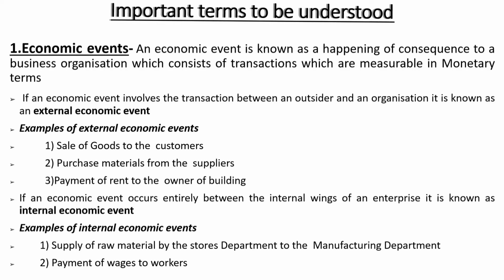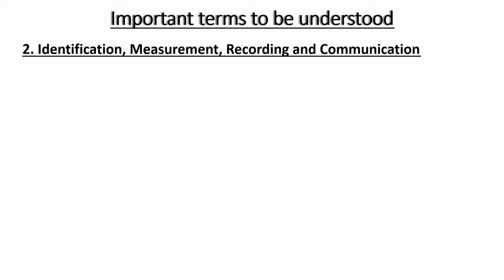Examples of internal economic events are the supply of raw material by the stores department to the manufacturing department, payment of wages to workers, etc. The second set of terms to be understood are identification, measurement, recording, and communication. First, we can see what identification is.